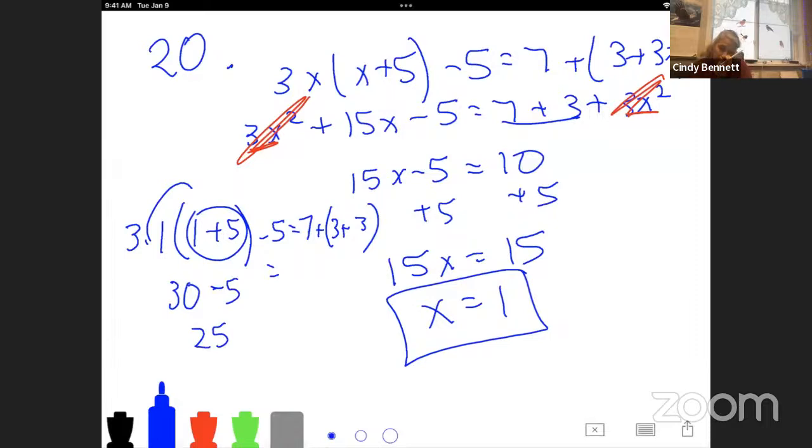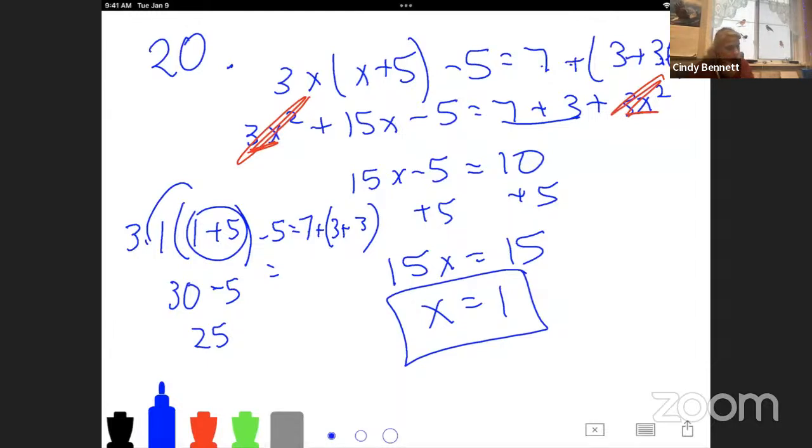So 7, that's 9 times 3 is 27 plus 3 is 30. Okay, I made a mistake in my checking. 3 times 1 is 3 plus 3 is 6. Plus 7 is 13. That doesn't make sense. So 3 plus 3 is 6 plus 7 is 13.